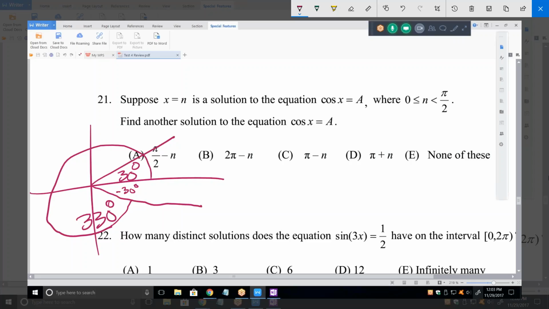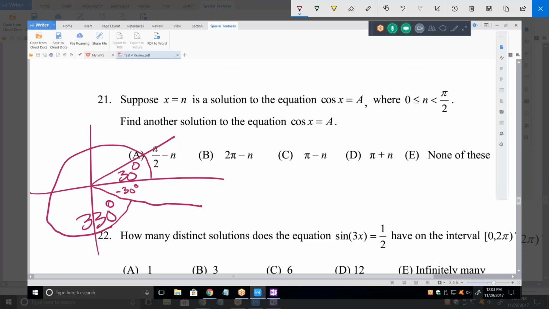I wouldn't say the moral of the story is to necessarily use positive angles, because your calculator always gives you negative angles. In other words, if you put into your calculator what's the cosine of minus 30 degrees, it's the same answer as what's the cosine of plus 330.